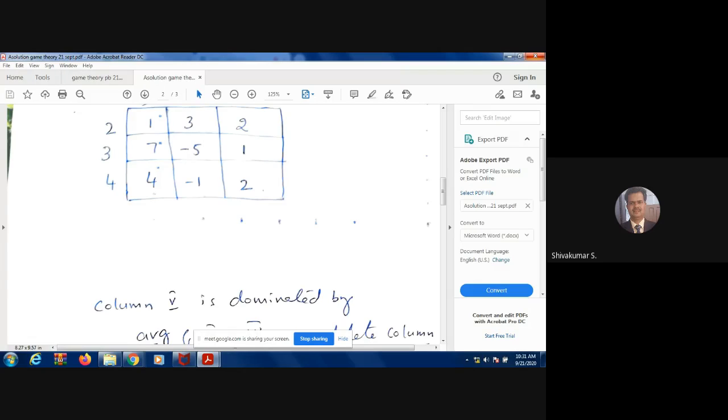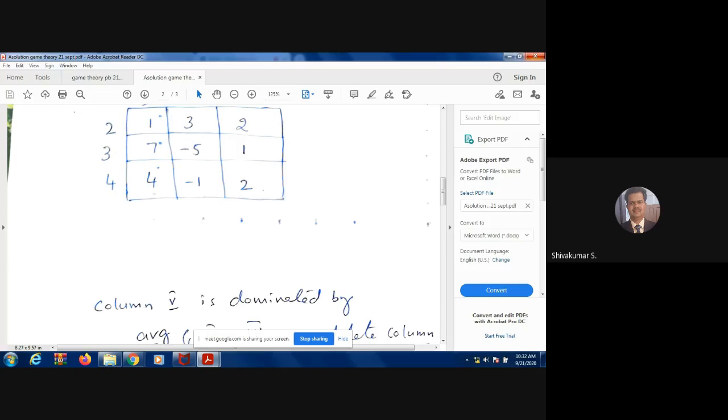Now check out columns 4 and 5, third and fourth. 3 plus 1 is 4, divided by 2, 2, correct. 7 minus 5 is 2, divided by 2, 1, correct. 4 minus 1 is 3, so 1.5. So the average values of 3 and 4 are less than or equal to the values of column 5.